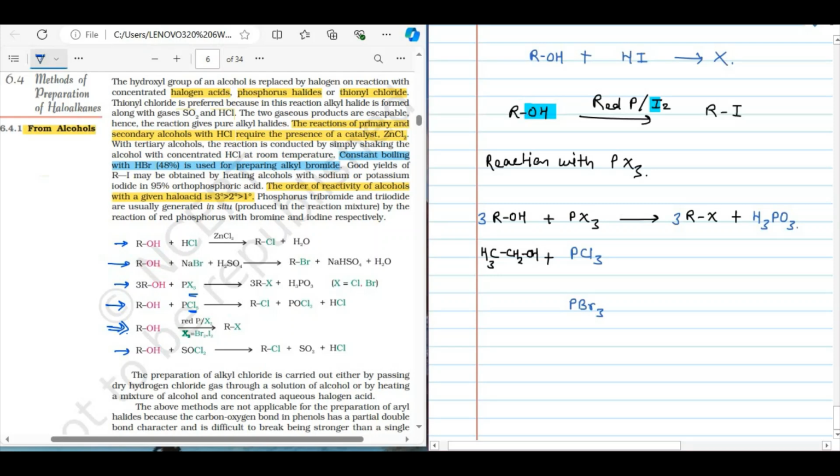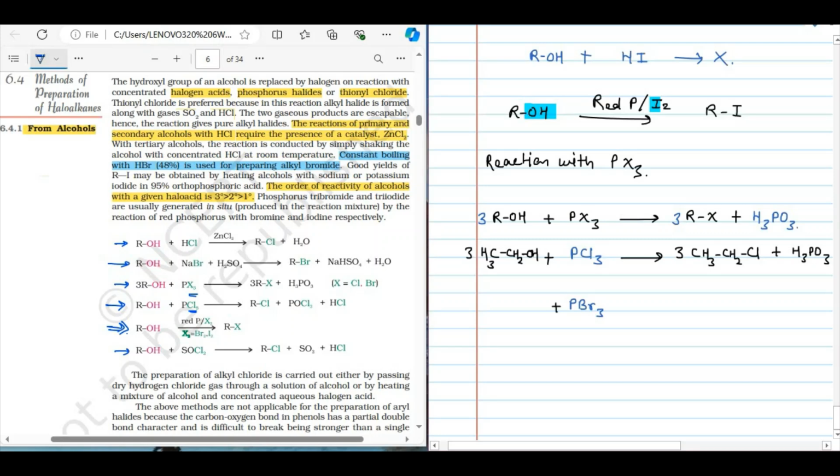This is ethanol. When it reacts with PCl3, you will get 3 moles. Here also 3 moles of alcohol are required, and here you will get 3 moles of CH3CH2Cl, means chloroethane is formed along with the formation of H3PO3.